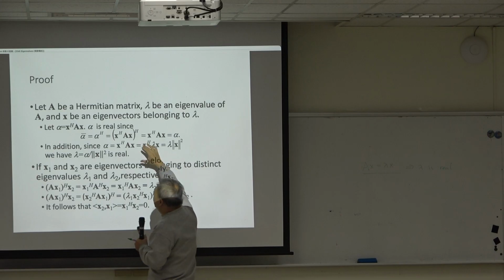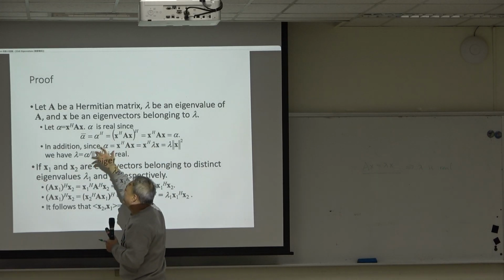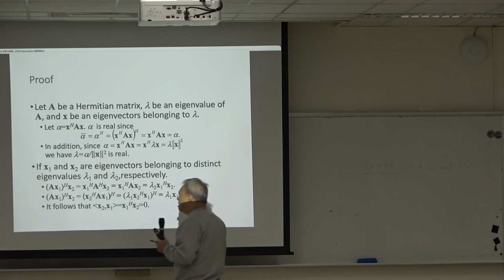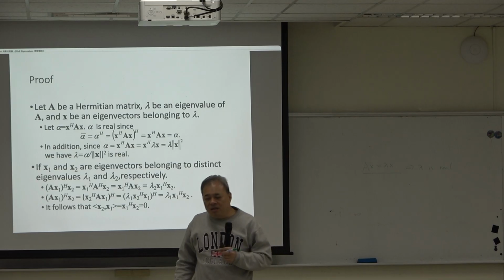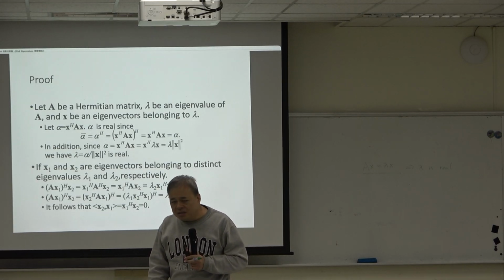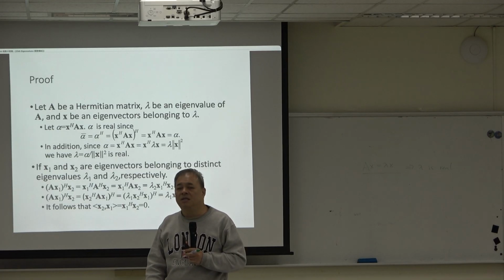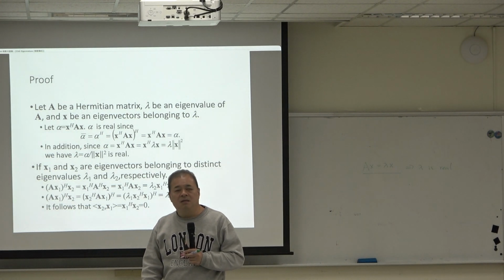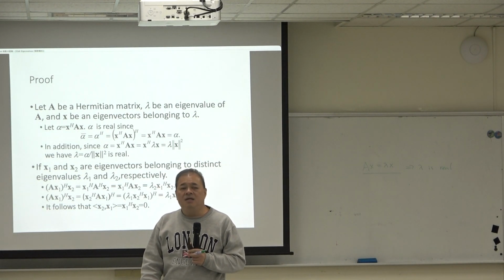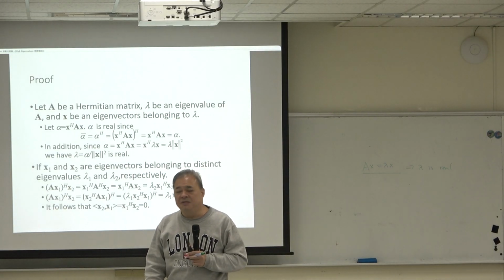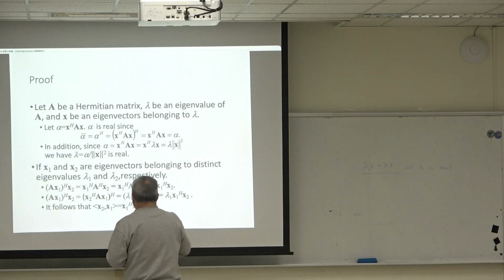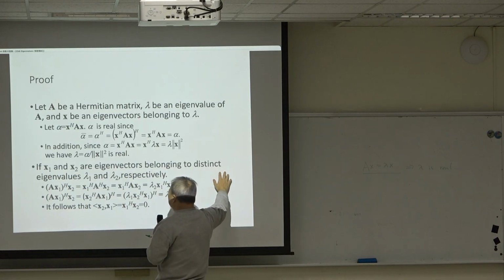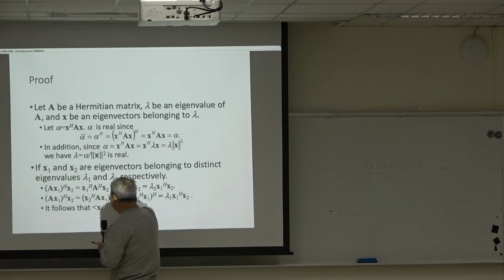Up to here, we know any eigenvalue must be real. And then we need to argue that if there are two eigenvectors for a Hermitian matrix, then these two eigenvectors must be orthogonal. In other words, their inner product must be 0. So let x1, x2 be eigenvectors belonging to distinct eigenvalues lambda 1 and lambda 2.